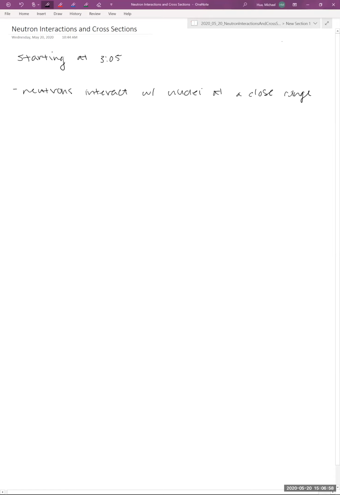We have some main types of interaction. I'll list them here and then we're going to go through them. Our main types of interactions are scattering. Within scattering, we have two types: elastic scattering and inelastic scattering.